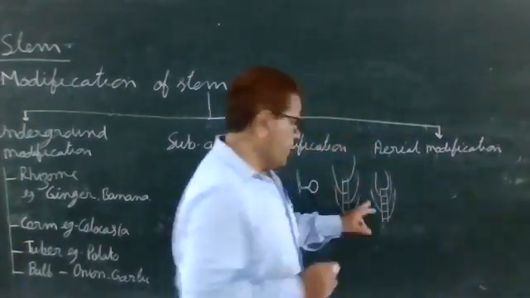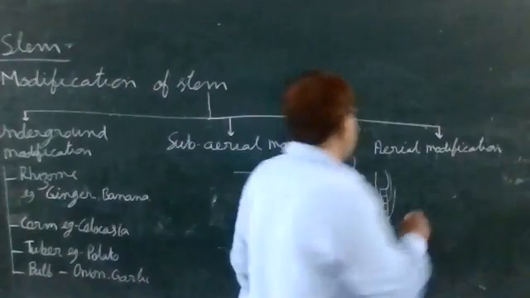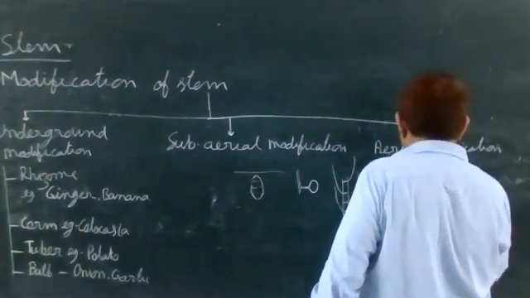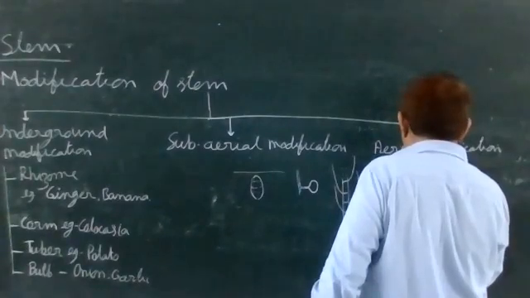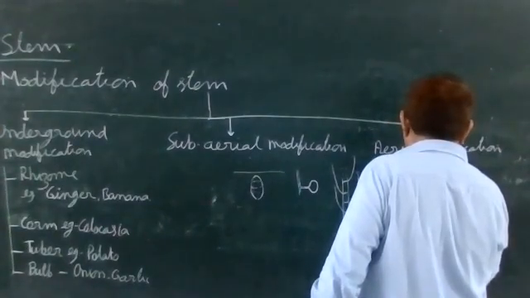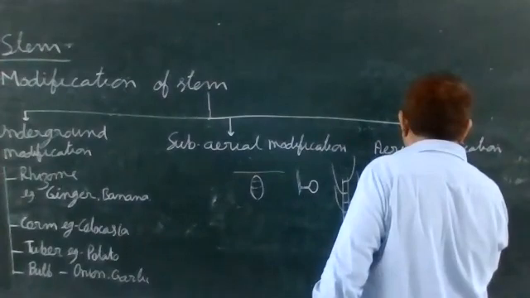So this is reduced and more reduced. 1, 2, 3, 4, 5.